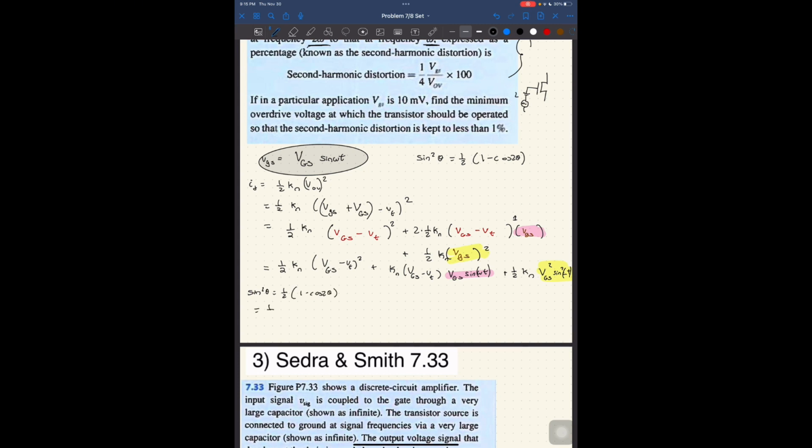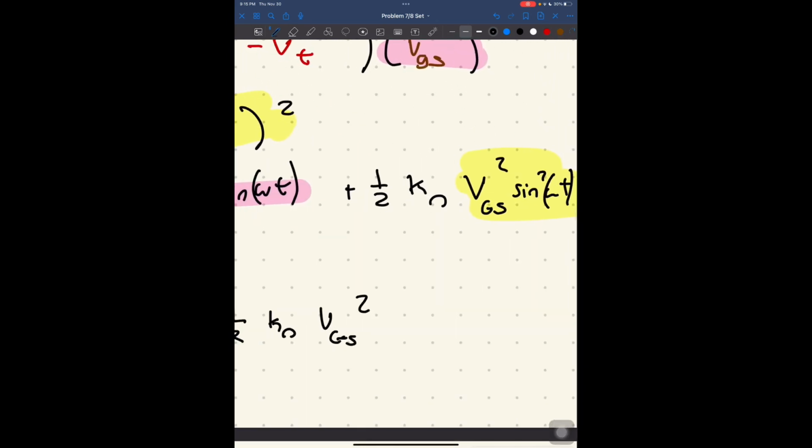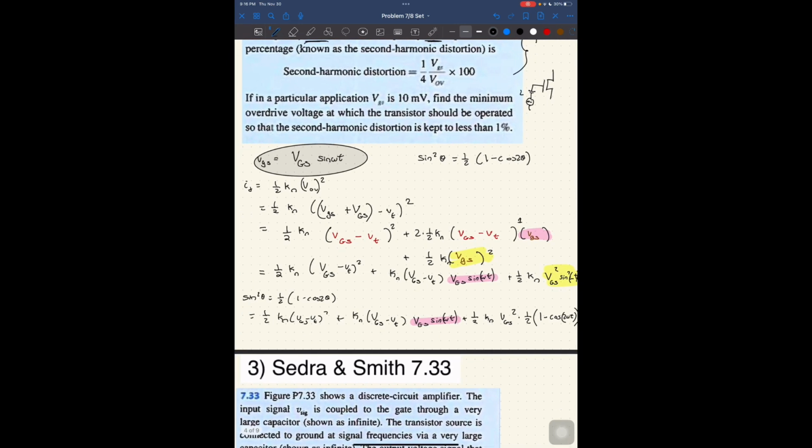So I'm going to say half Kn (VGS minus VT) squared, and I do nothing with this one, plus, I'm too lazy to write all this out, Kn (VGS minus VT) times VGS sine omega t, plus 1/2 Kn VGS squared, and sine squared is nothing but 1/2 (1 minus cos 2 theta), which is 2 omega t.